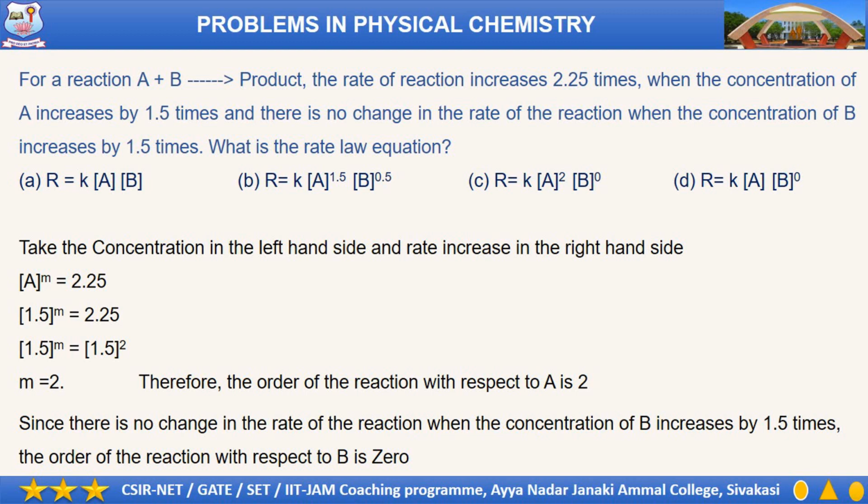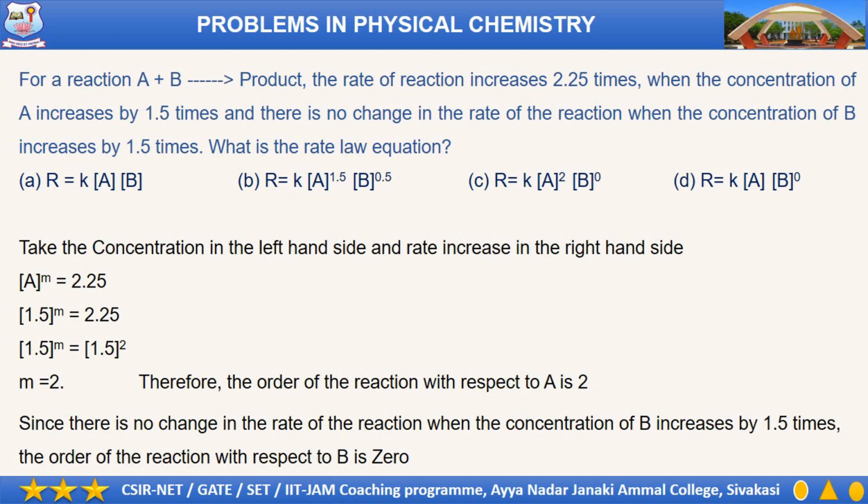There is no necessity of calculating the order with respect to B. Or you can go by the second variation. As the concentration of B increases 1.5 times, there is no change in the rate of the reaction. For which order will there be no change, whatever the concentration change? Zero order.